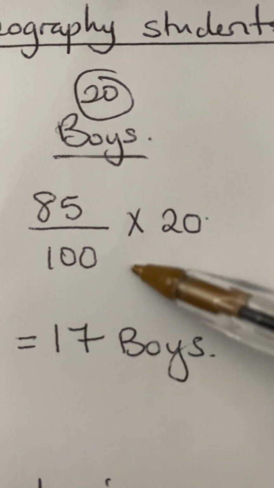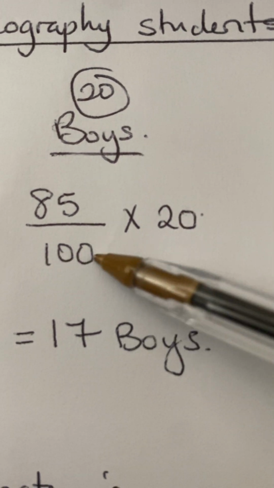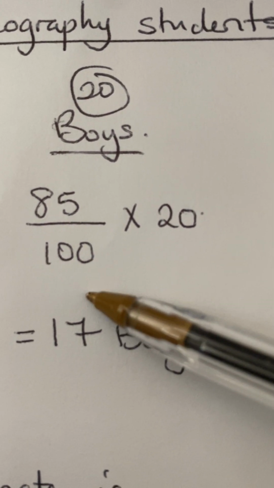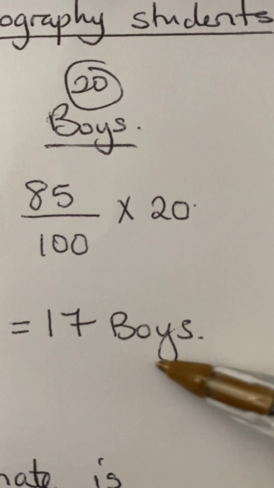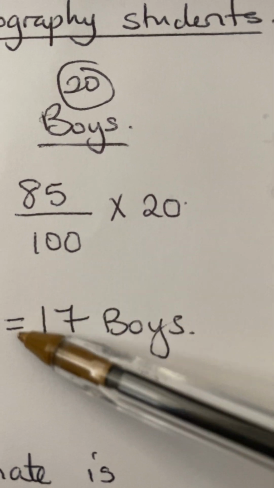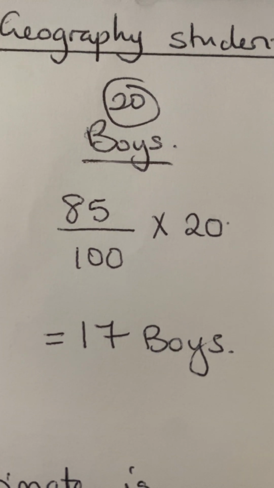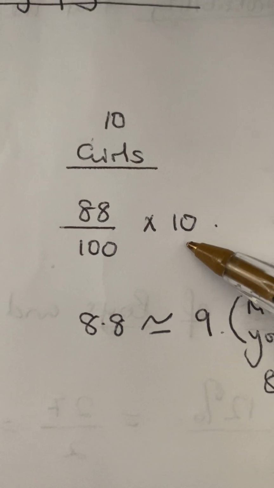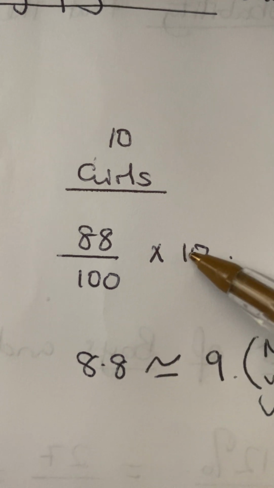If you do this on the calculator, 20 goes into 100 5 times and you divide 85 by 5, you are going to get 17 boys. That is okay. I don't need to round up or round down. But look at the girls' part again. 88 over 100 times 10.